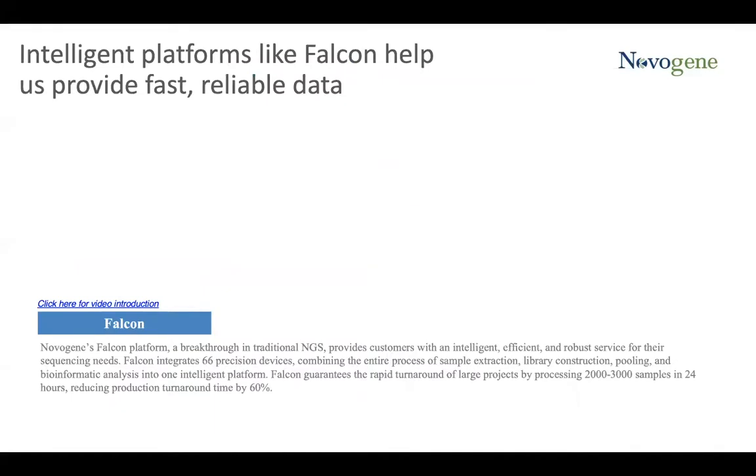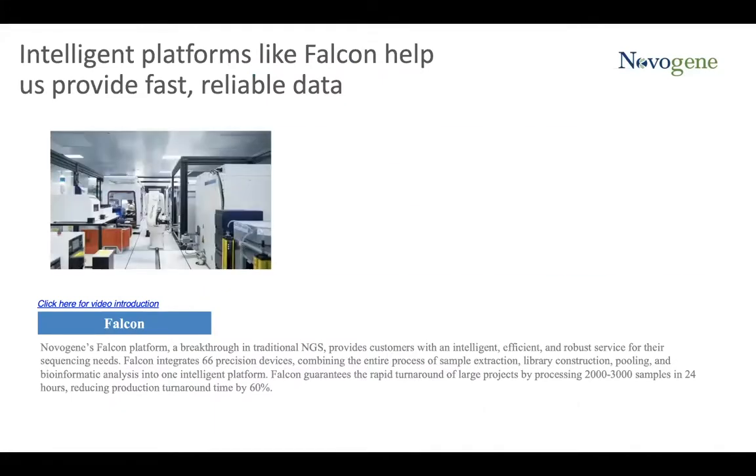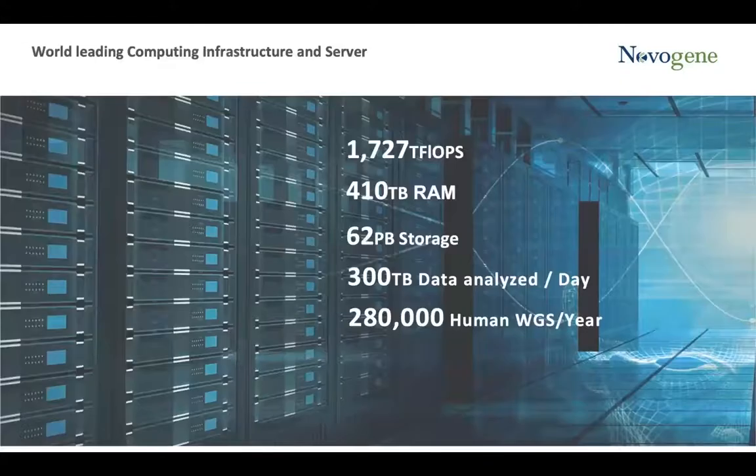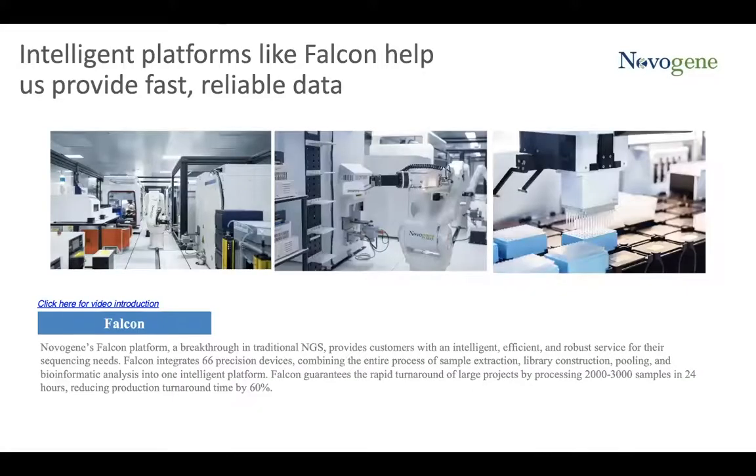Also, I'm very proud to say that Novogene has Falcon, a fully automated intelligent platform that can integrate all pre-sequencing processes from extraction to library quality control. In this way, Falcon can greatly shorten the project turnaround time by processing 2,000 to 3,000 samples in just 24 hours, which could lead to a 60% decrease of production time and turnaround time.